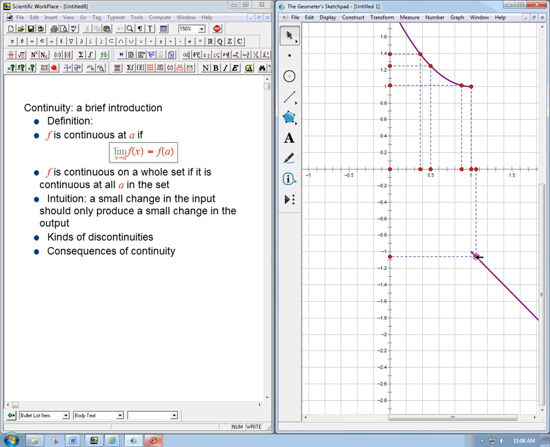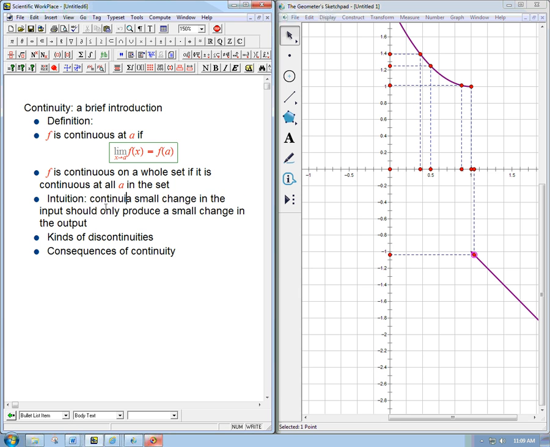Those y values have a trend, toward -1. So when I put in values near 1, but not quite at 1, I get -1, whereas if I put 1 exactly in, I get +1. That says a small change in the input, like from 1 to 1.01, has produced a drastic change in the output. This is what discontinuity means.